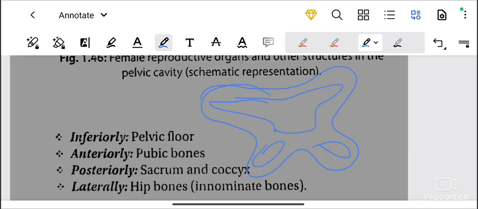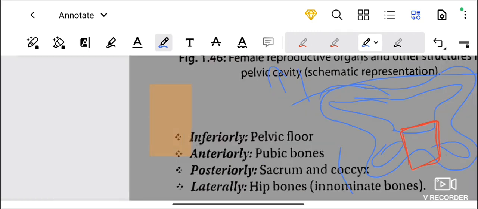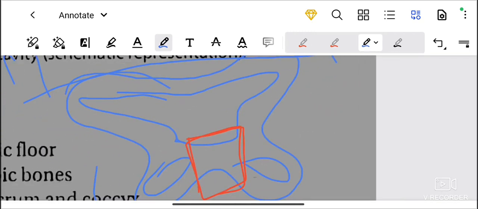Here you can see anteriorly the continuity of the abdominal cavity, and inferiorly the pelvic floor will be present. Anteriorly the pubic bone; this part is the pubic bone. Posteriorly, I will draw a posterior diagram of the pelvis.